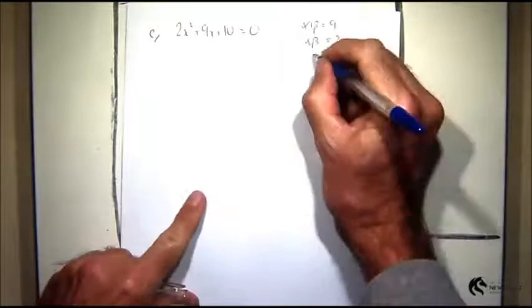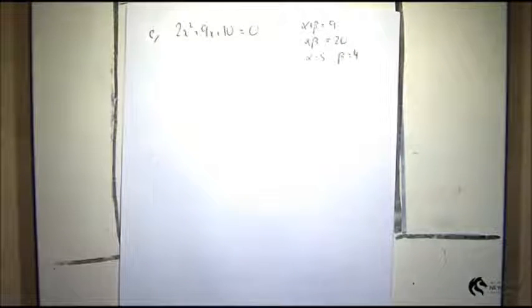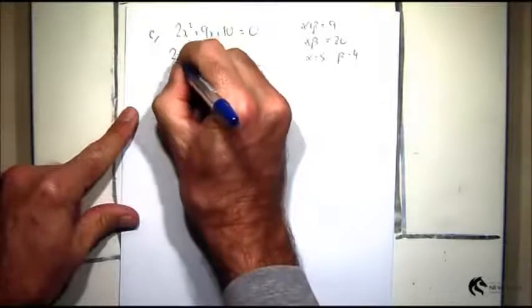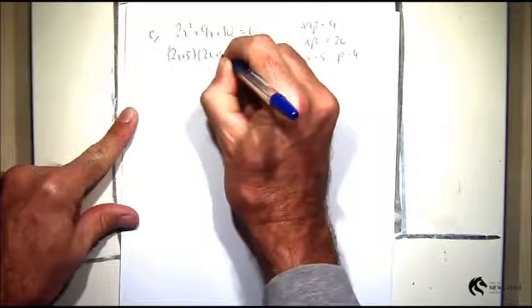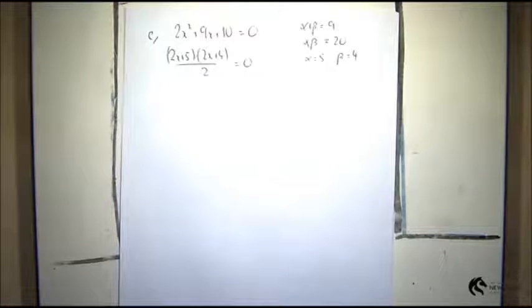So alpha is equal to 5, beta equal to 4, looks like it works. And then according to our method 4, or whatever we called it last week, I can say the factorisation of this is 2x plus 5 times 2x plus 4, all divided by 2, is equal to 0. That was from our factorising last week.